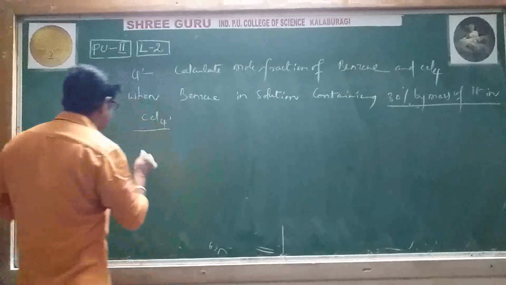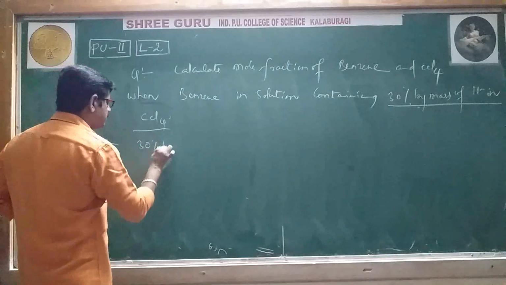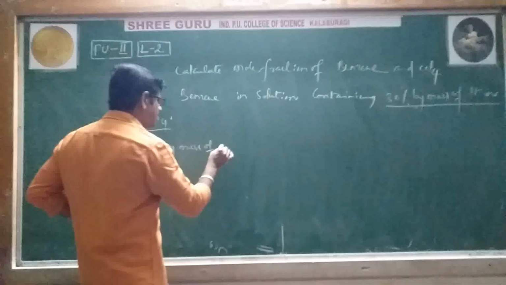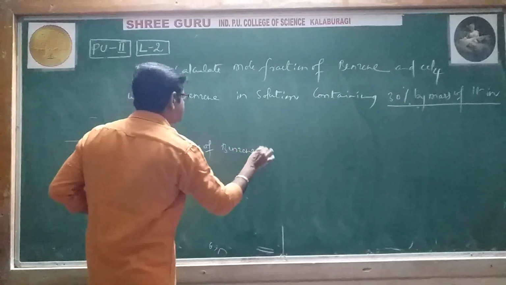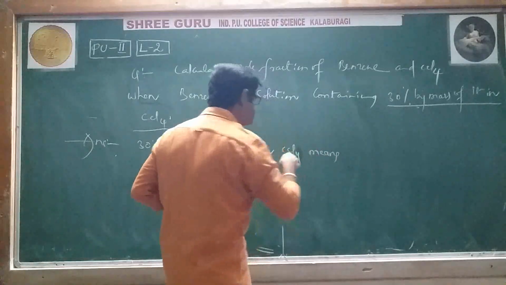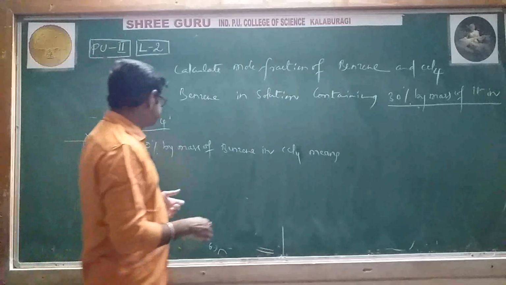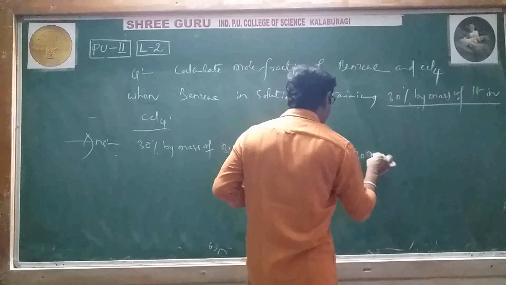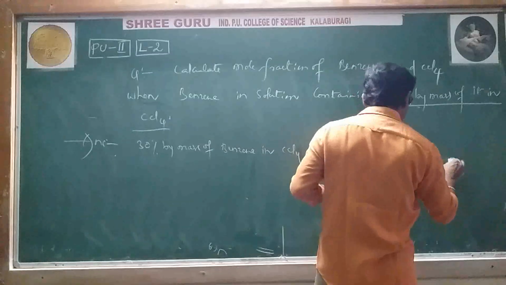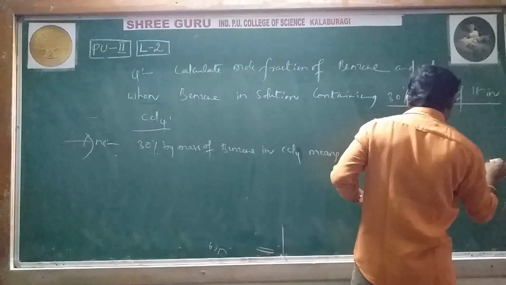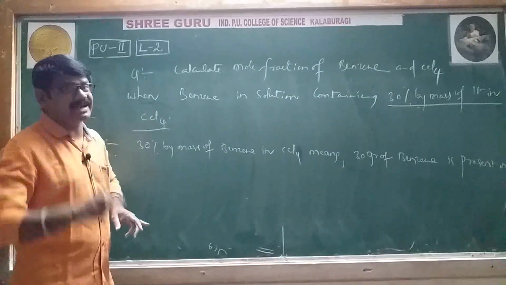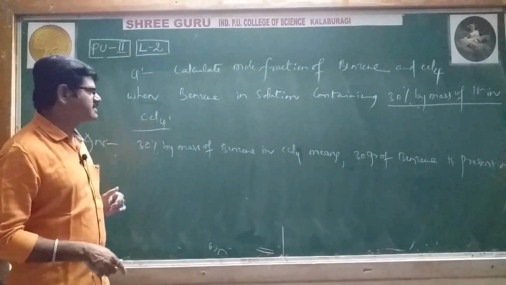We'll write 30% by mass of it, this benzene, in CCl4. What is the meaning? That is 30 grams of benzene is present in 100 grams of solution. Remember, 100 grams of solution.